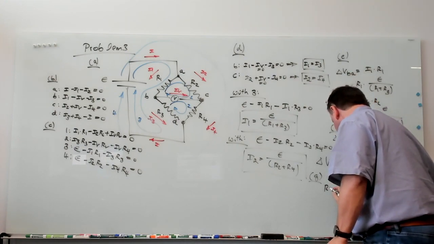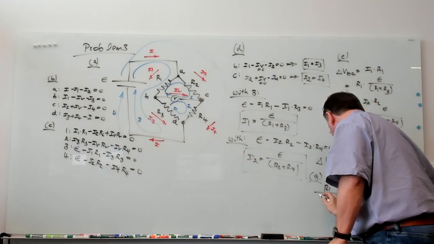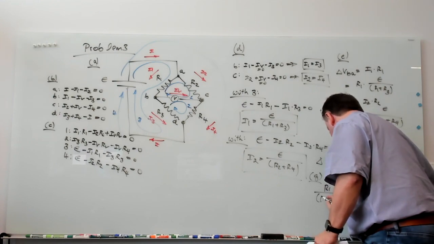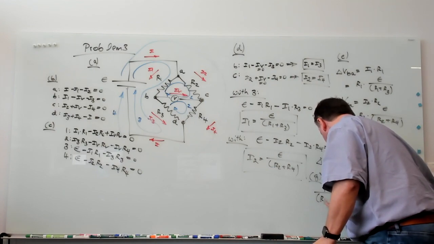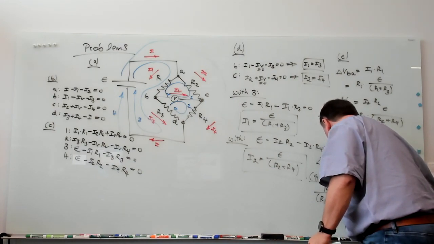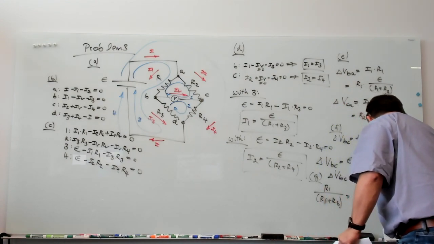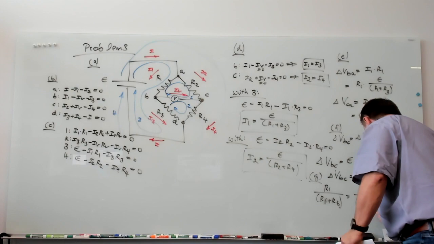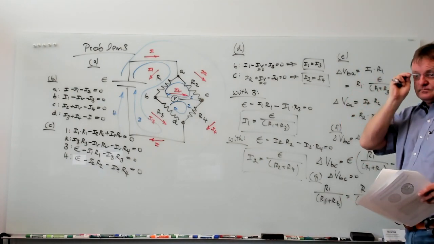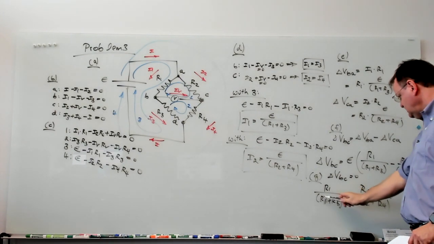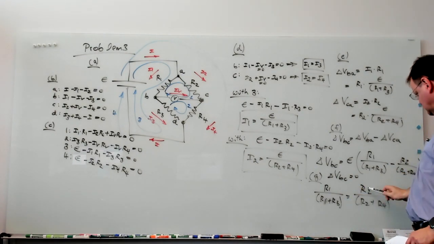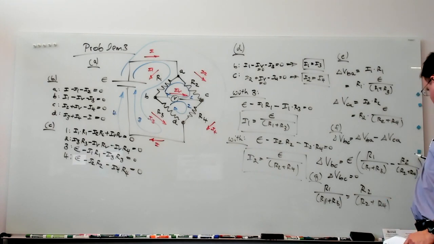We have R1 divided by R1 plus R3 equals R2 divided by R2 plus R4. Simply you set this whole expression equal to 0.